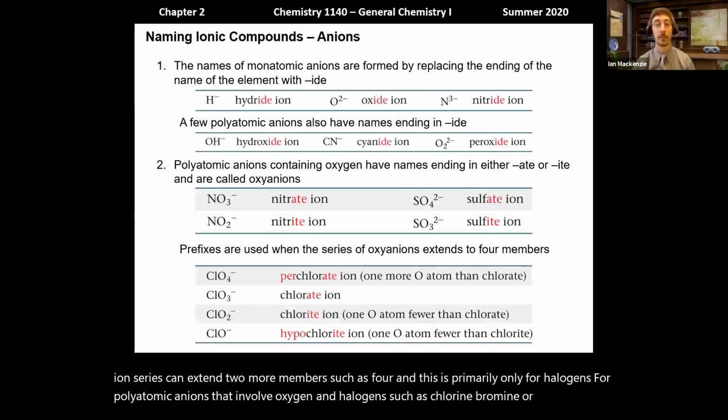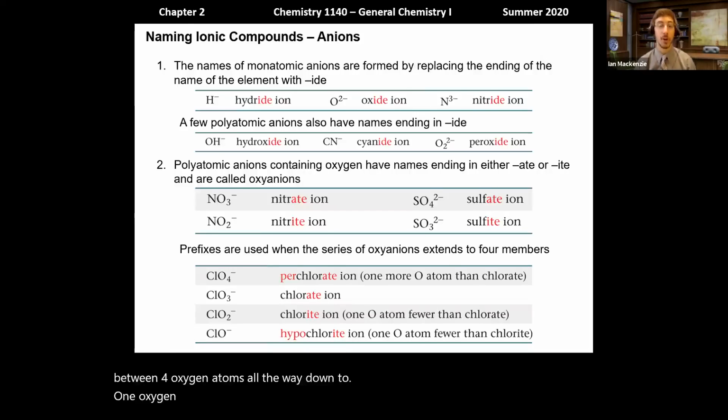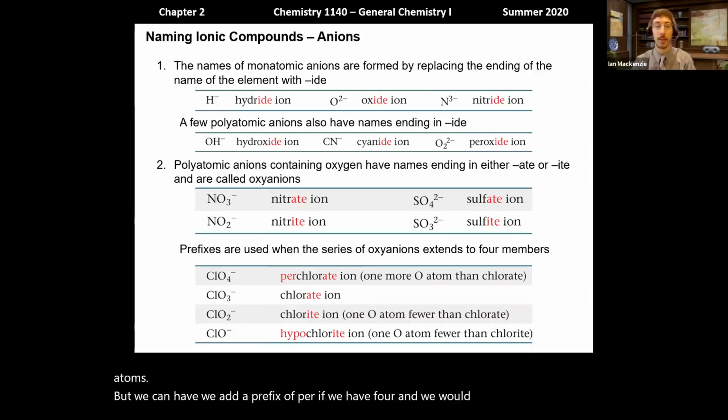Here, for example, we can have one series between chlorine and oxygen that can vary from 4 oxygen atoms all the way down to 1 oxygen atom. Notice that the charge does not change regardless of the number of oxygen atoms. We add a prefix of per- if we have 4, and we would have perchlorate.